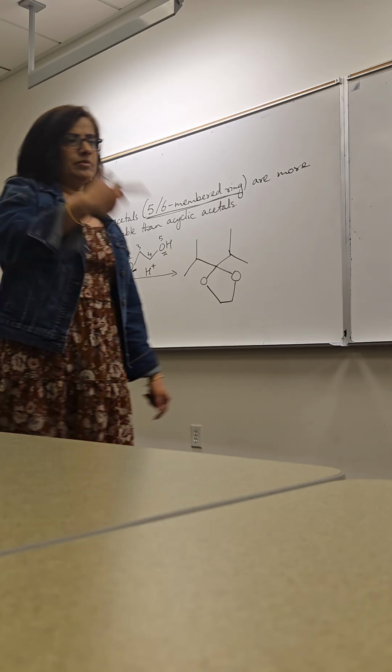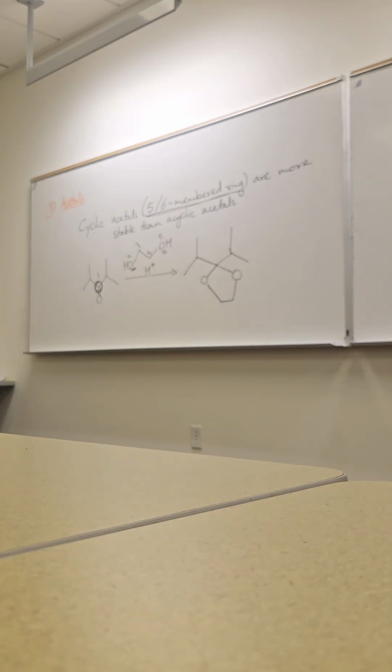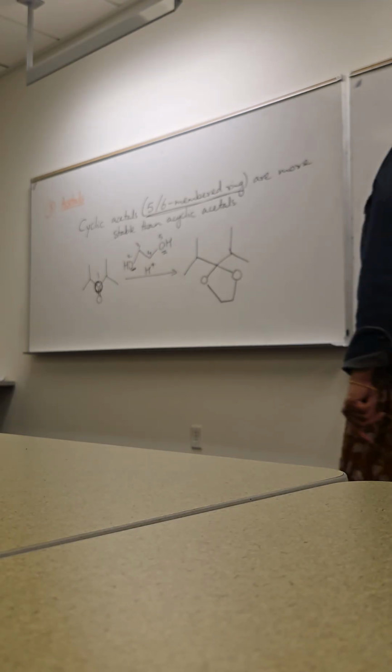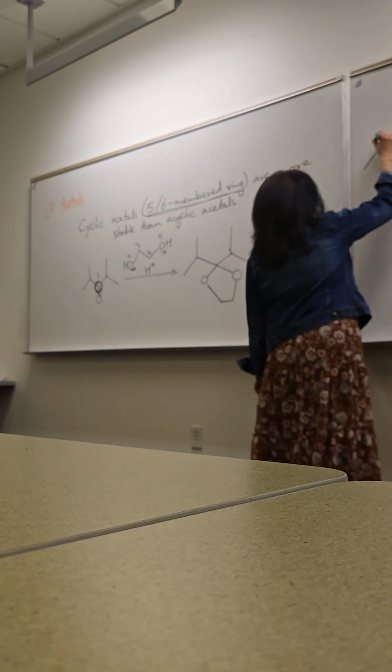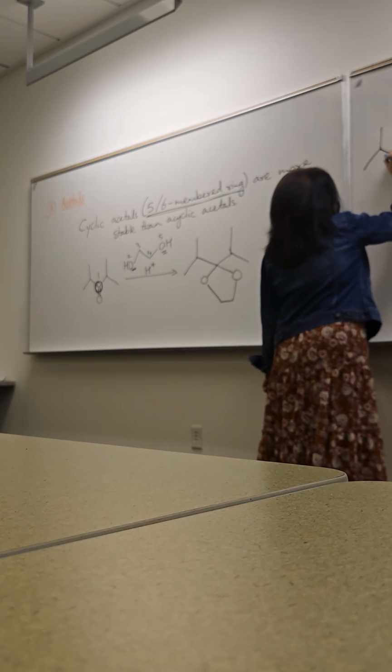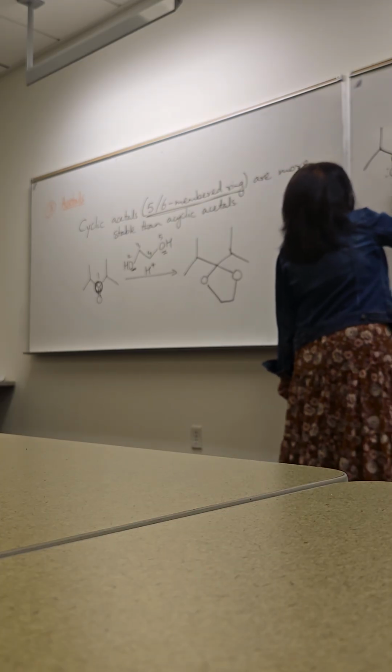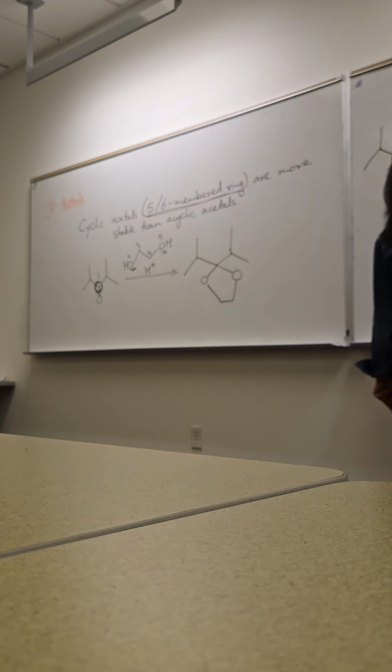Again, it's that muscle memory, guys. The more times you write the mechanisms, the easier you'll remember it. So what's the first step? No difference here. Oxygen gets protonated. What happens next? Oxygen got protonated. What is it waiting for?